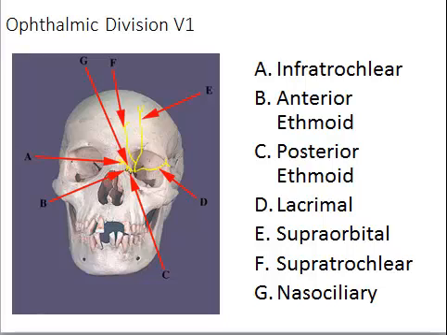The infratrochlear, the anterior ethmoid, and the posterior ethmoid are all divisions of G, the nasociliary. So let's look here. Where's G? So here's G, and then E and F branch off of G. And then finally we have the lacrimal, D. So here is the lacrimal branch.